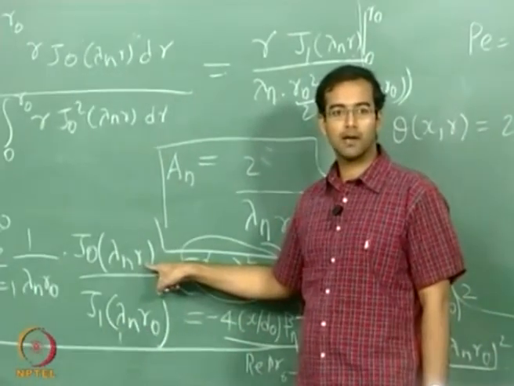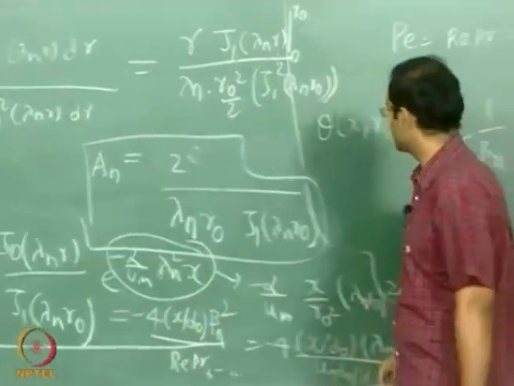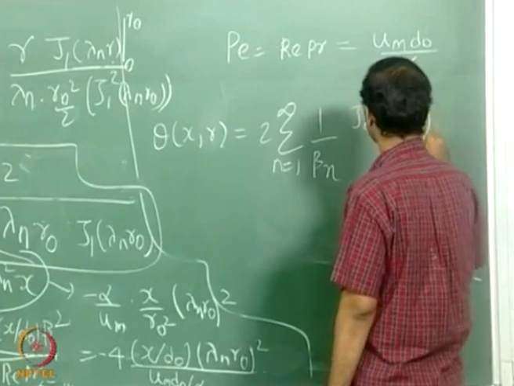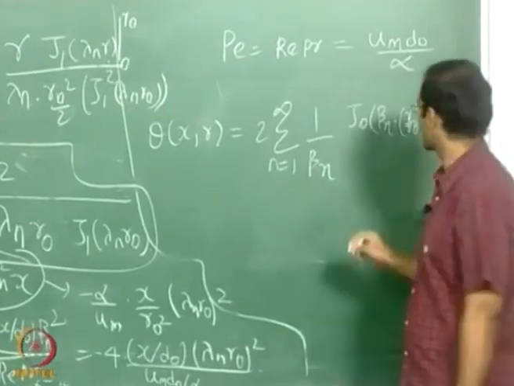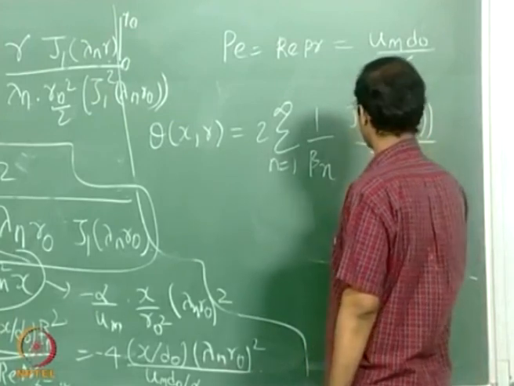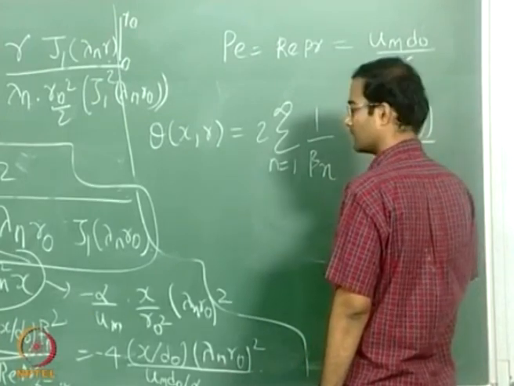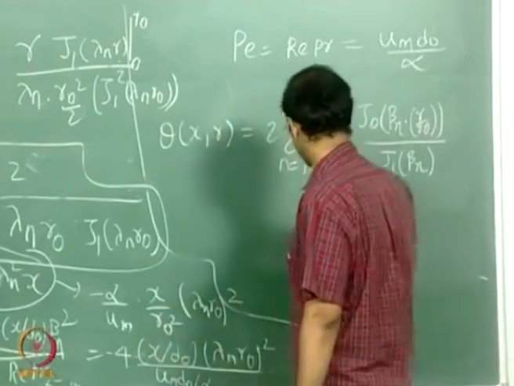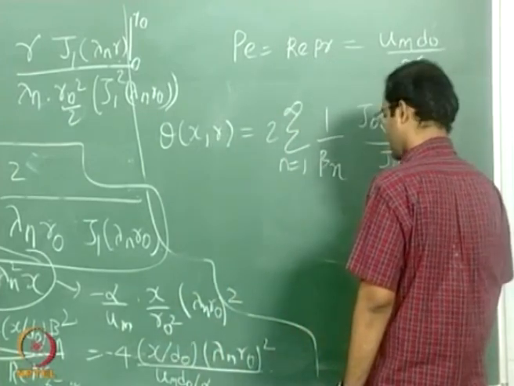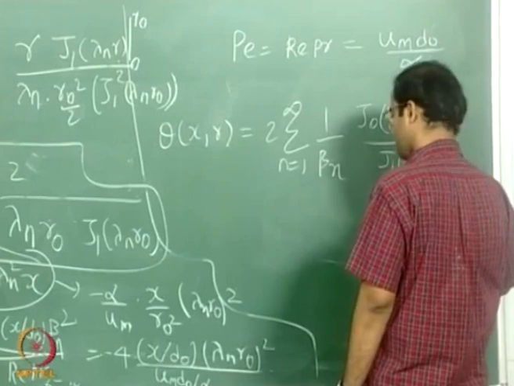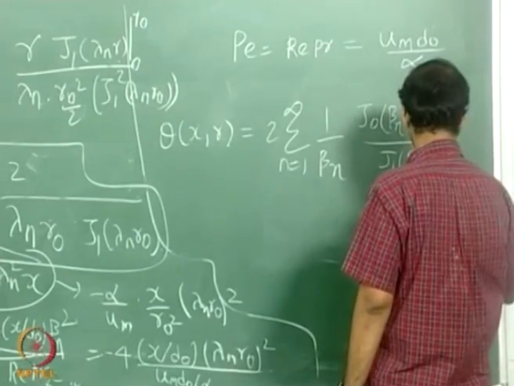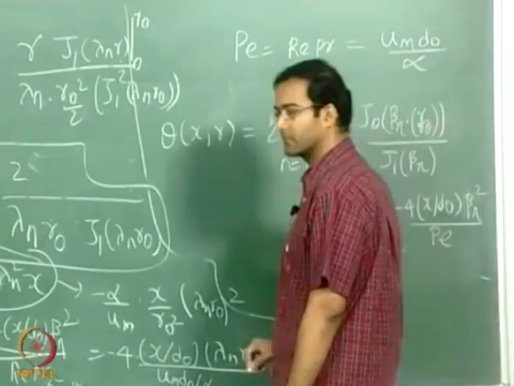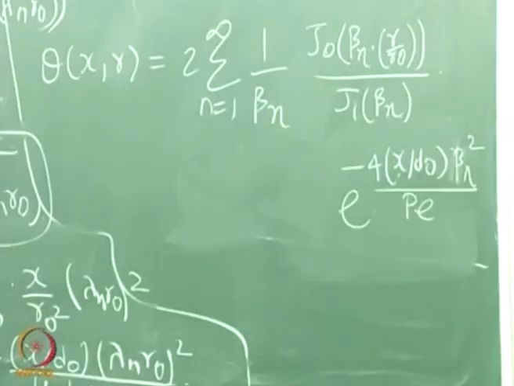You divide and multiply by r naught, so that will become beta n times r by r naught, divided by J1 beta n, into e power, this entire thing can be written as minus 4 x by d naught into lambda n r naught, which is nothing but beta n square divided by Peclet number. So this is completely non-dimensional.